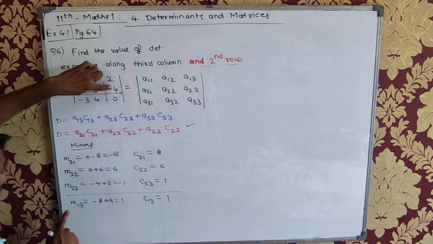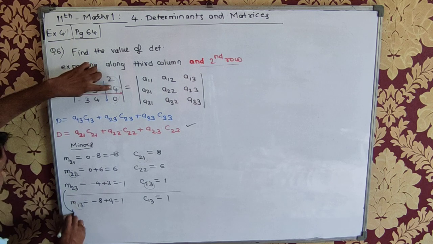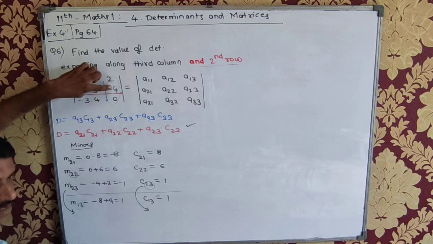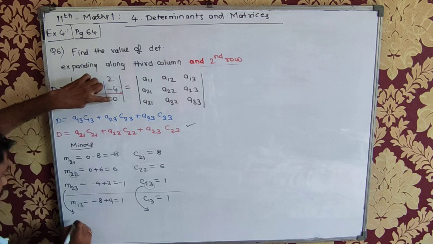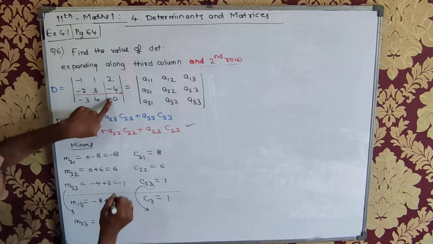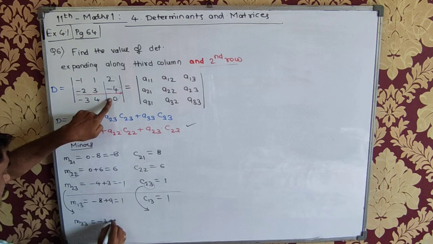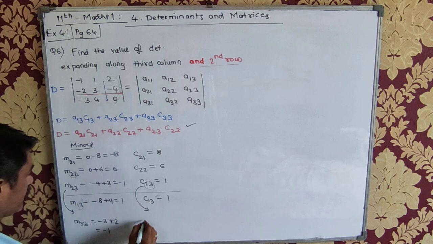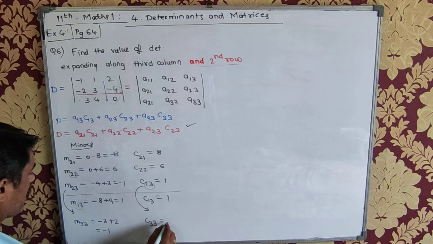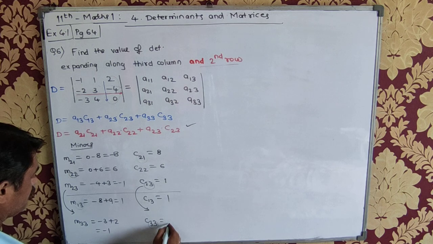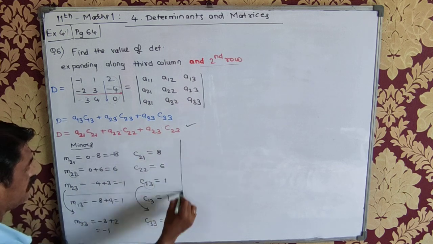This M23 is already done. Right? So now the last one, M33 is equal to minus 3 plus 2, that is minus 1. And C33, even number, is minus 1. Is that done?